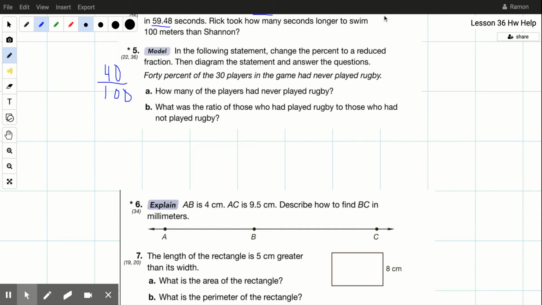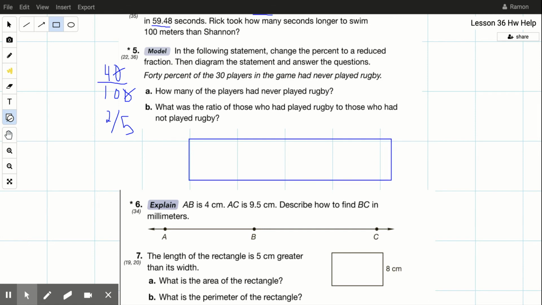So first things first, we want to simplify this as we mentioned. So it's going to be 4/10, and we can simplify that further to become 2/5. And so all that means is that we are going to have a diagram that is 5 boxes. 1, 2, 3, 4, 5. There we go.